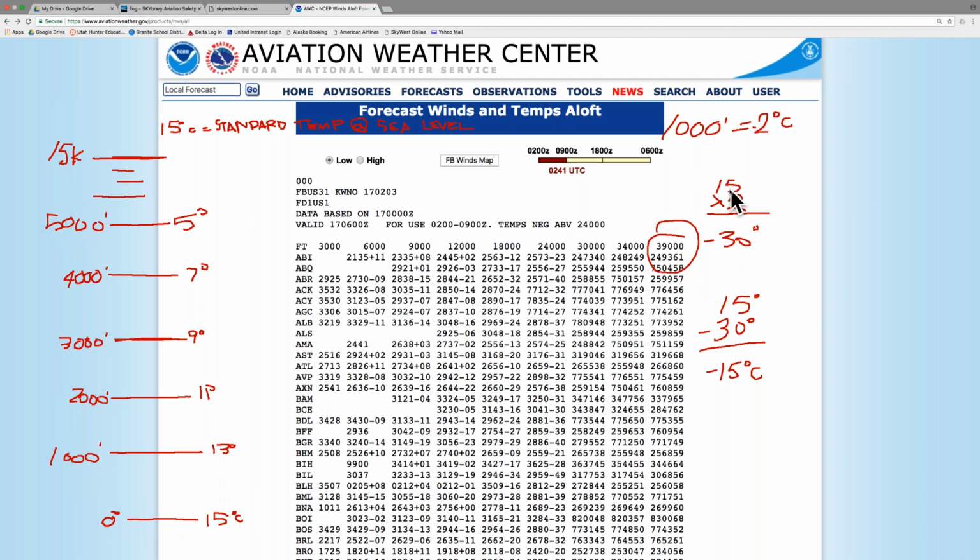When you start talking dry adiabatic lapse rate, or saturated adiabatic lapse rates, or pressure and density altitudes and things of that nature, then you can get more accurate with your temperature that is occurring currently. But when we talk standard, we're just talking generalization.